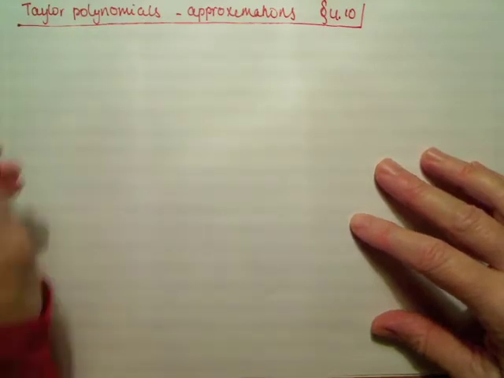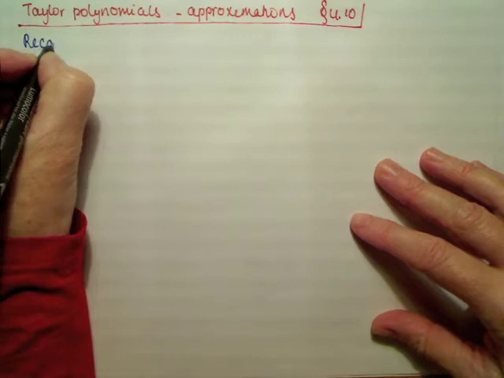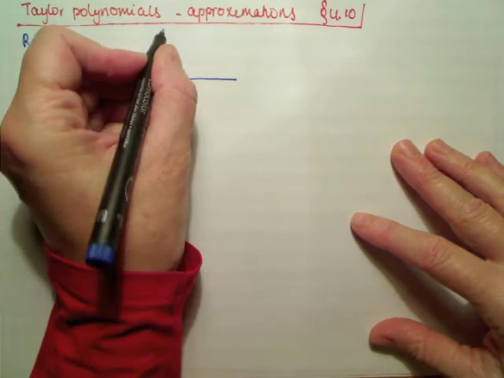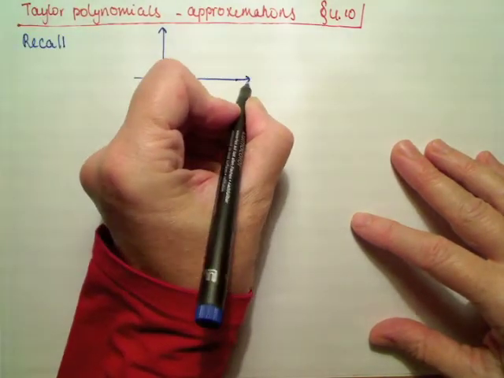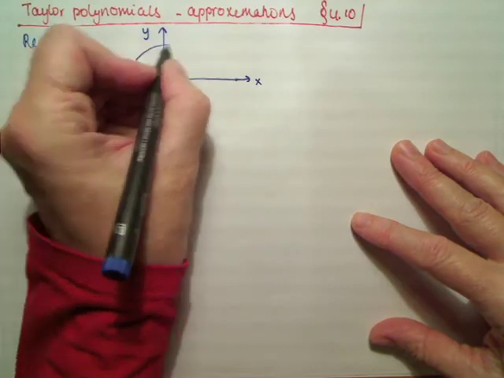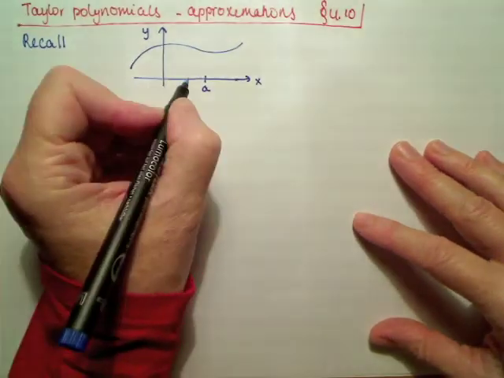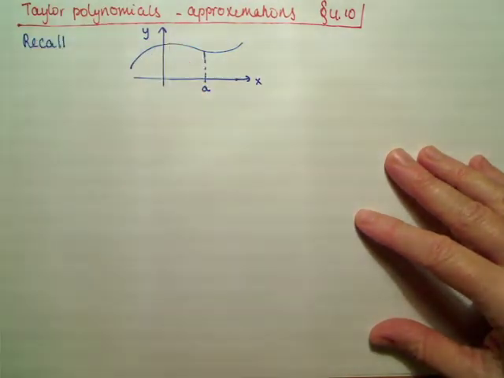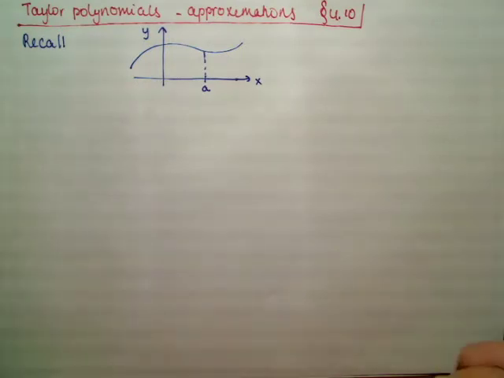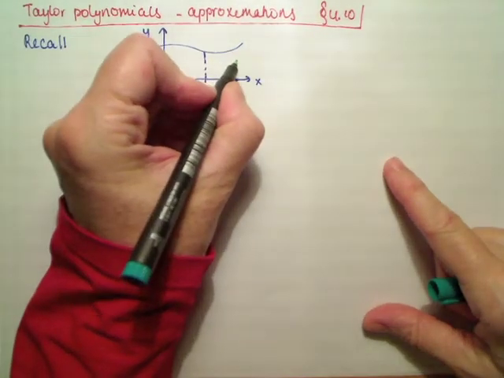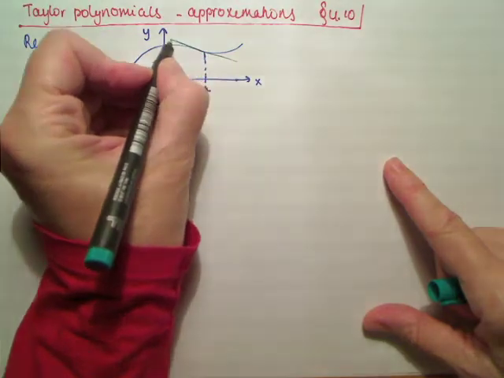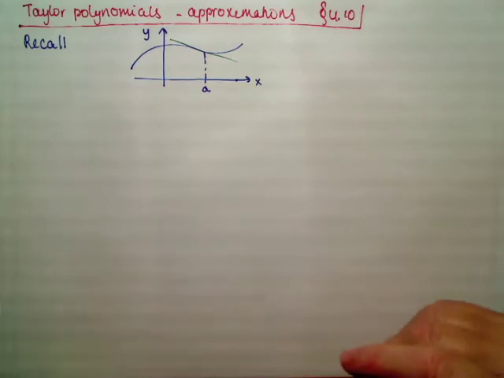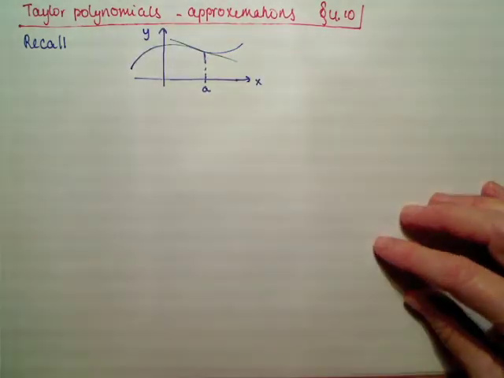Well, let's recall the concept of a tangent line. This plays a role in this whole setup. So we have this function f of x. We look at a point A. F is differentiable in A, and we can compute the equation of the tangent line at point A of the graph of the function f, and the equation is equal to the following.